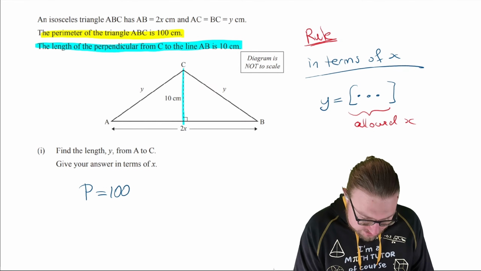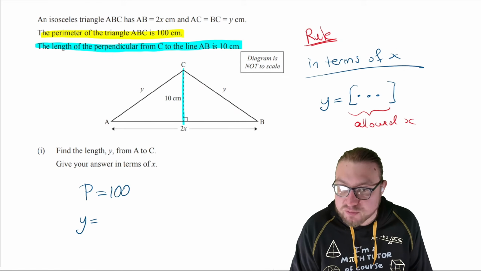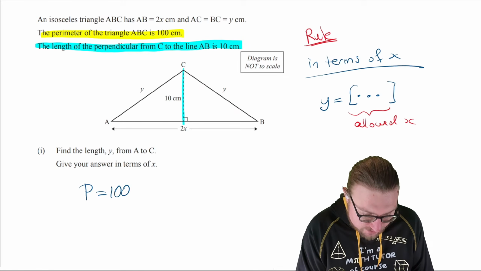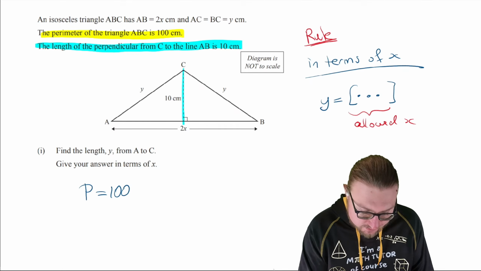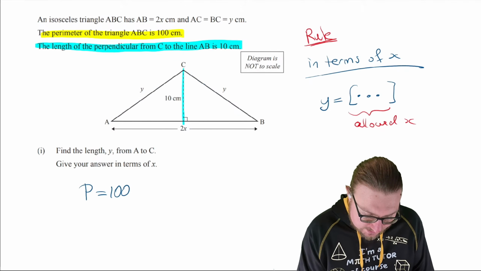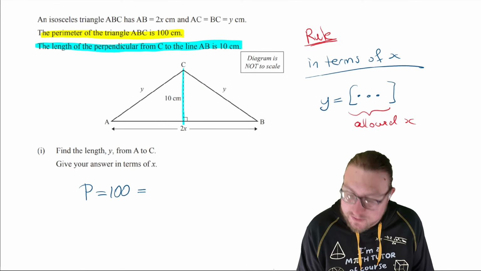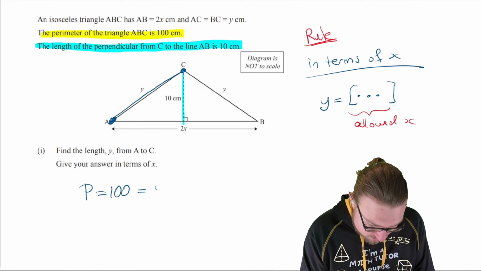So we want to find a formula for y, and we also have been given the perimeter here. So let's start with the perimeter because we know that was our first part. How do we find the perimeter here? We start at one part and we go across all of the three sides and add them together. So the perimeter is 100, but we can also start at A and go to C. That is going to be y.